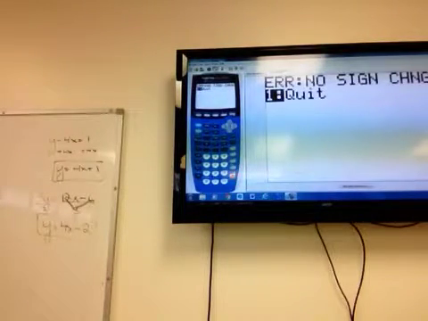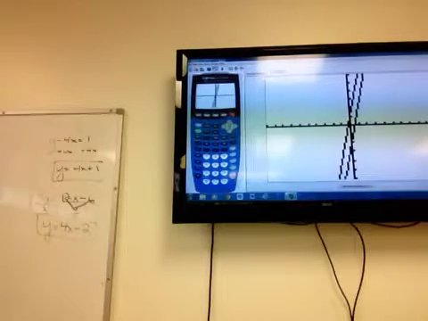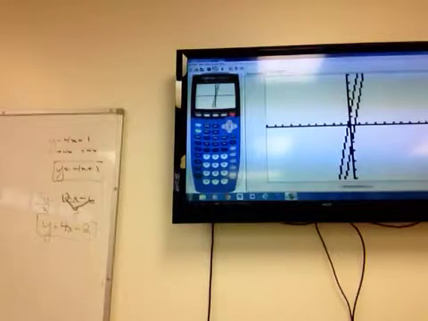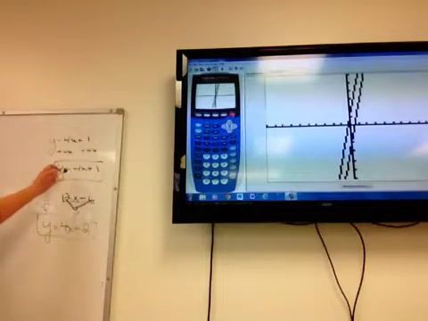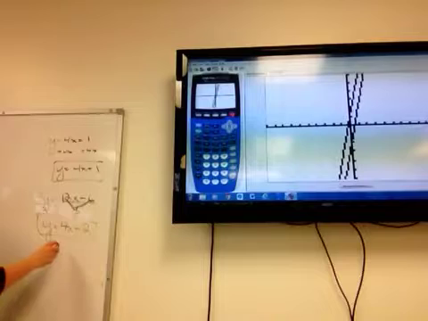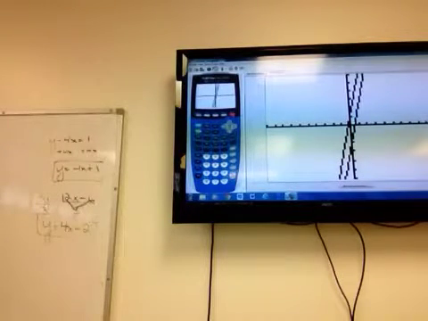But by our picture, what can we determine? That they're parallel. Very good. How did we know that even before I graphed it? 4x, 4x, the slopes are the same. So, when you have lines that are parallel, where are they going to intersect?